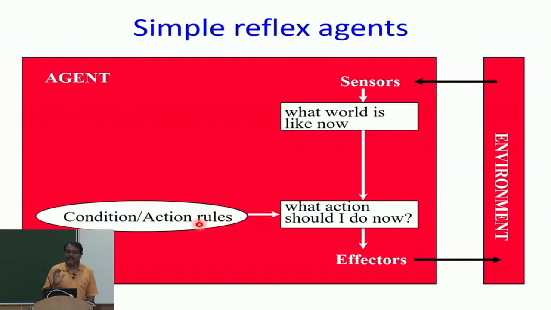That will be a simple reflexive agent, and this reflexive agent also has a role to play in real robots. Can you think of an example where you have to put in a small reflexive agent for some specific behavior? Obstacle avoidance.